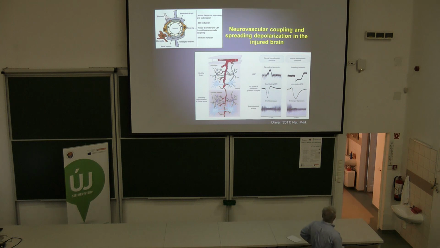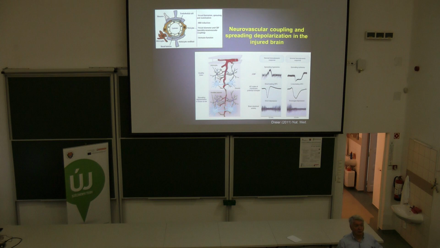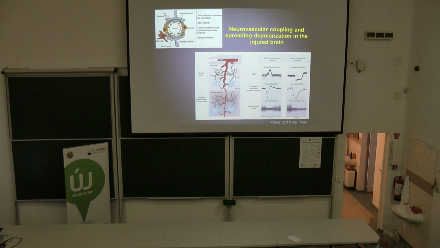And I'd like to switch back to the neurovascular coupling. This is a small blood vessel in the brain where the endothelial layer is followed by pericytes, astrocytes, neurons and microglia, and they do form the so-called neurovascular unit.